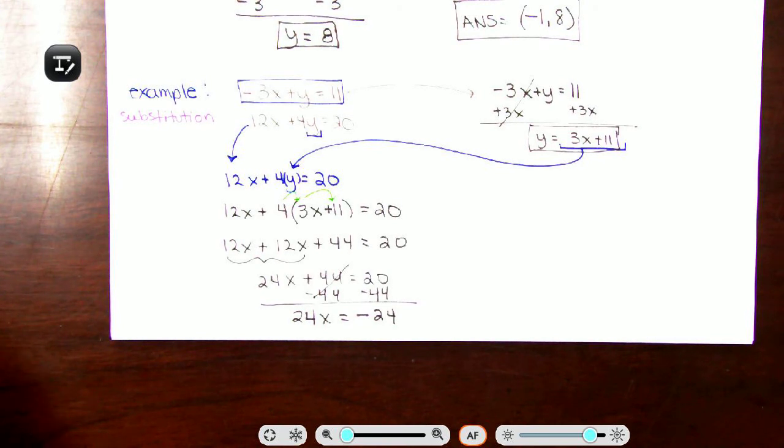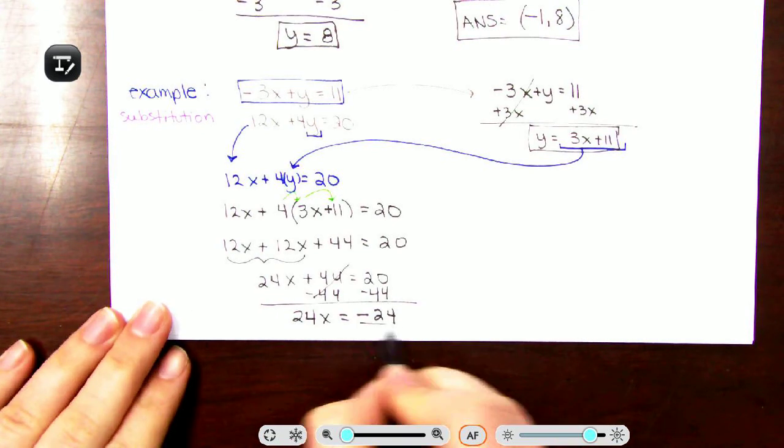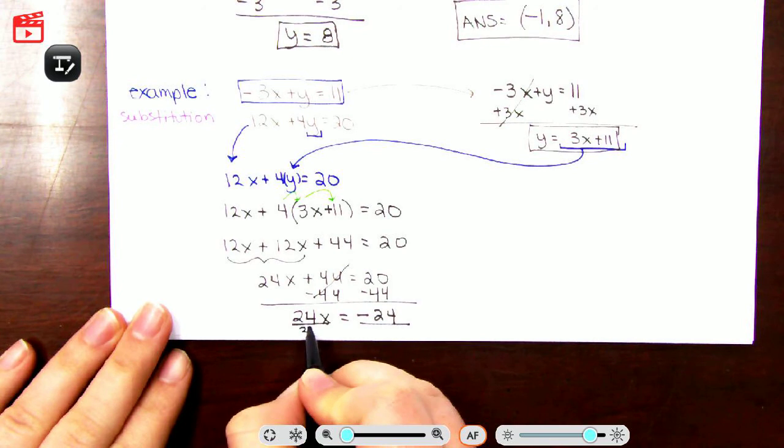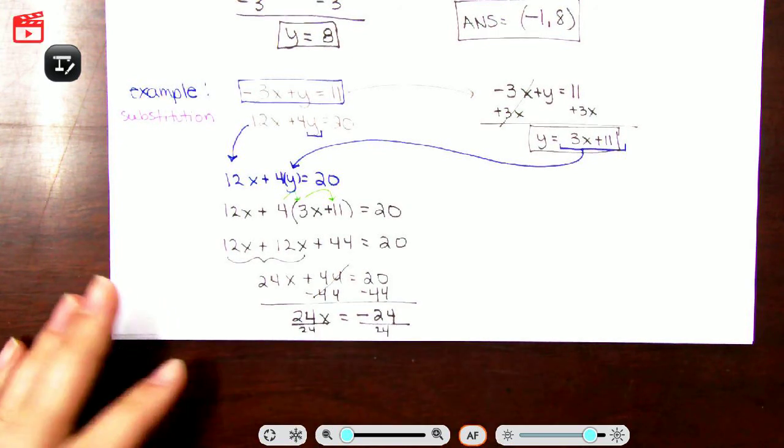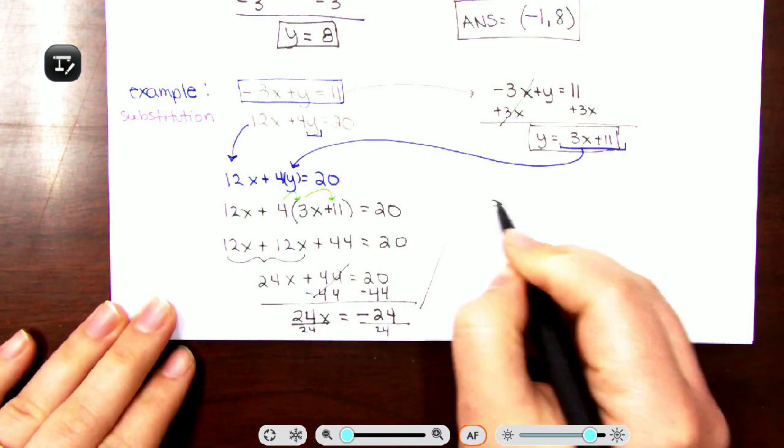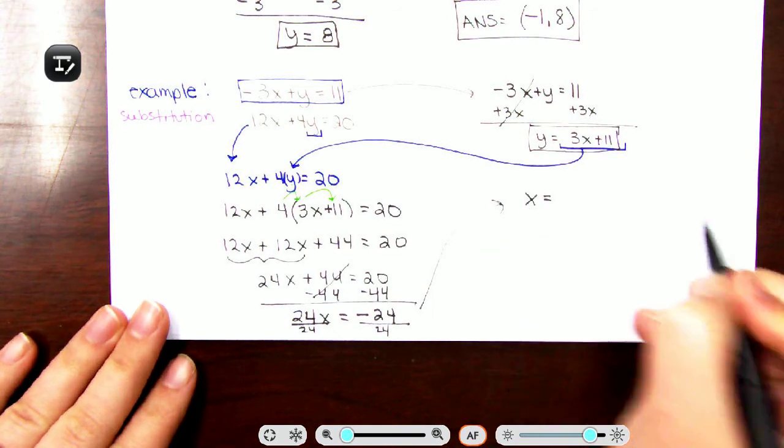If I add 20 to 24, it is 24. See, even teachers doubt ourselves, you know? We're just human. Okay, so divide by 24. All right, so x is equal to negative 1.